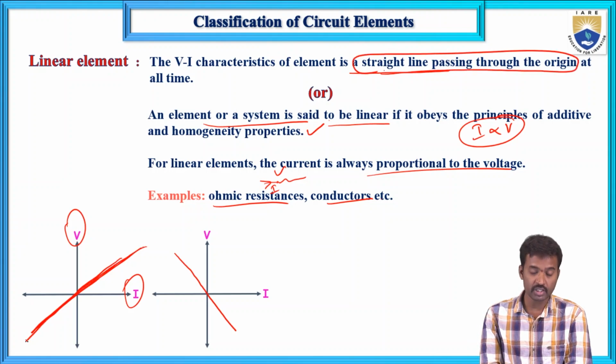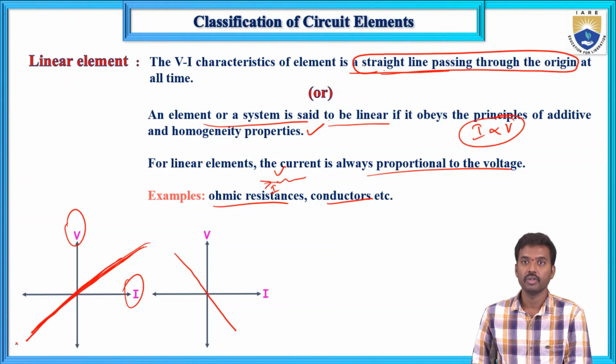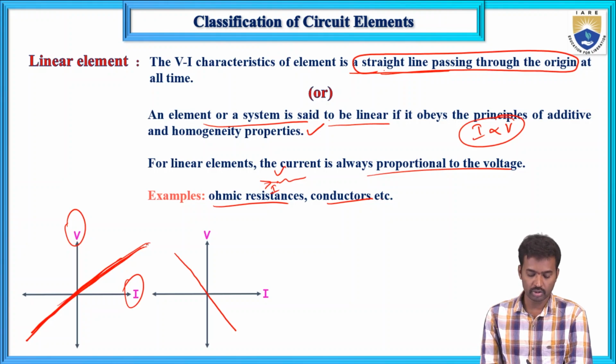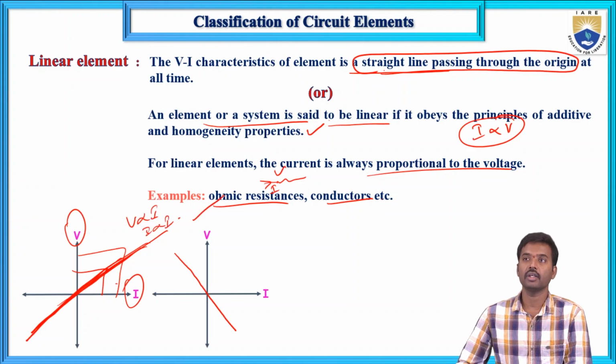If it is okay, that is a linear element. Voltage is directly proportional to the current, V is directly proportional to I, or I is directly proportional to V, which obeys the superposition principle.